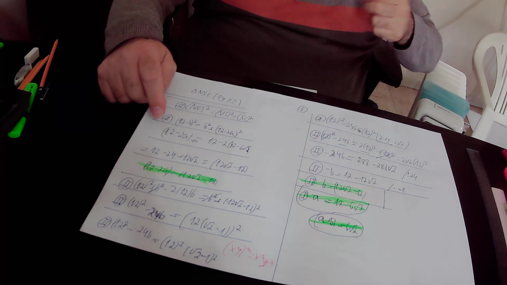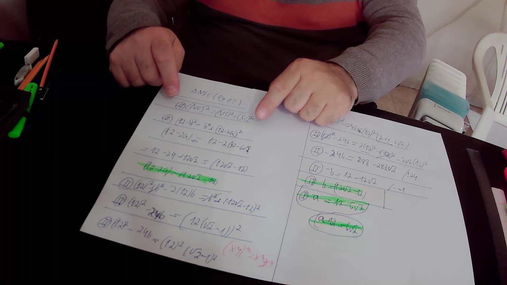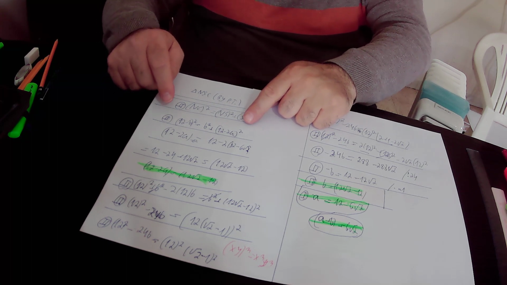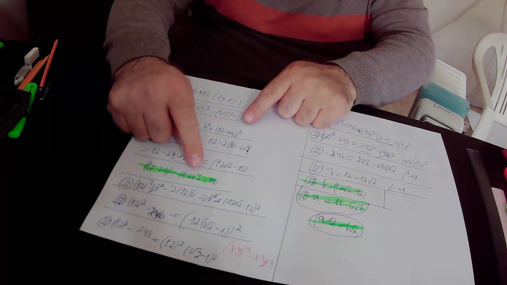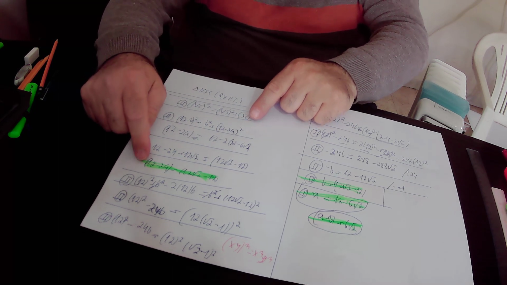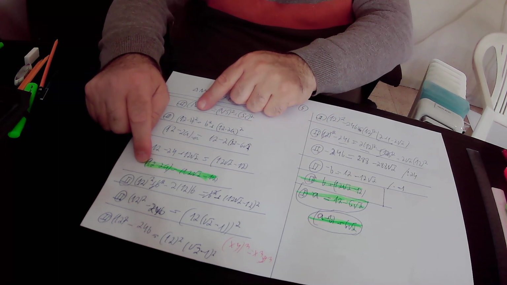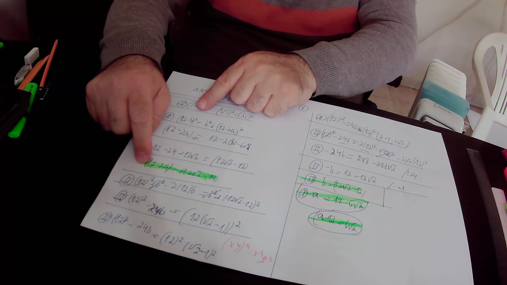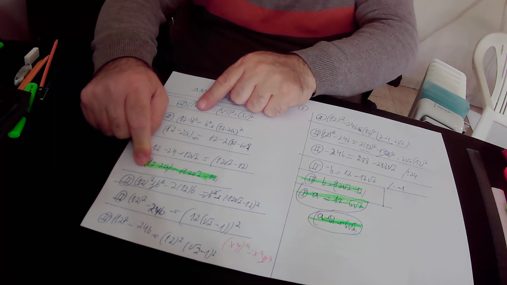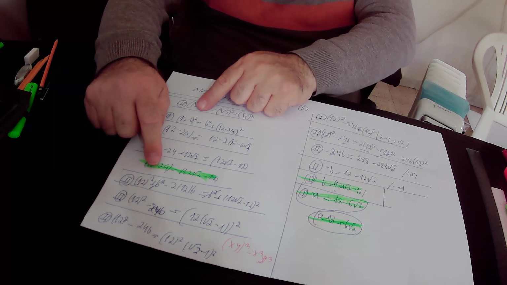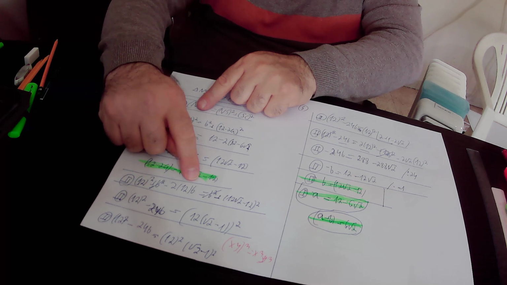That is to say, we can substitute 12 minus 2A in this equation number 2 by 12 times square root of 2 minus 12. We did it and we got that (12 minus b) square. What is the value of (12 minus b) square? (12 minus b) square equals 12 square plus b square minus 2 times 12 times b.